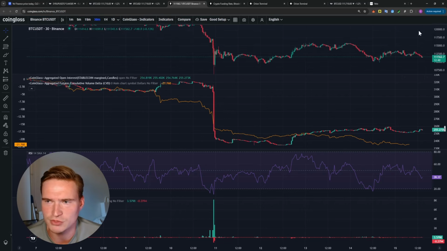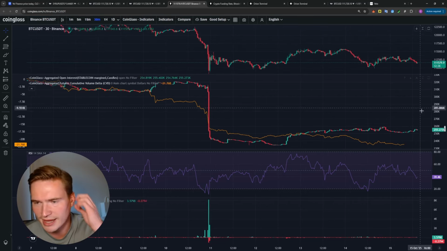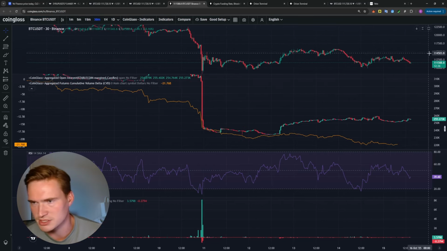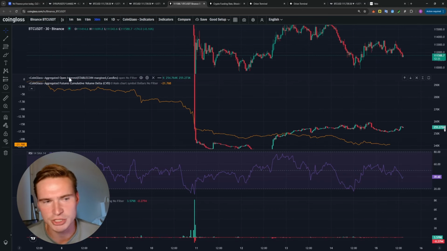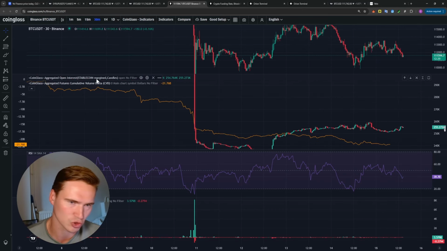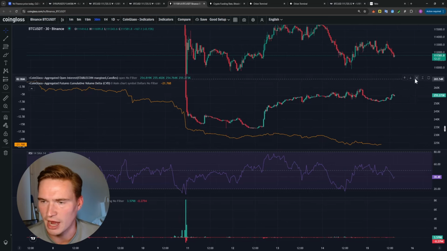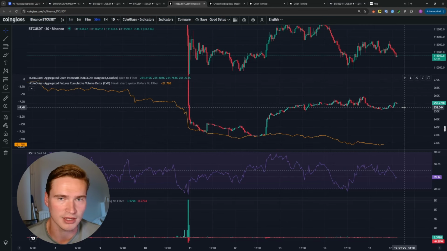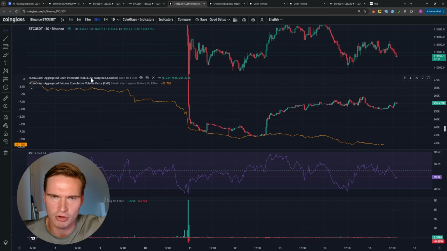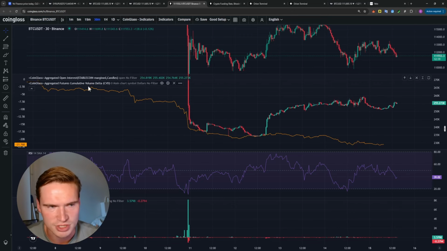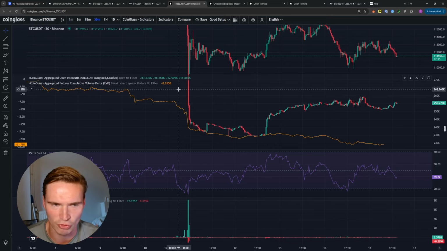But here I keep track of some more data that I cannot get on TradingView. So you can see right here I have the price. Then right here I have the aggregated open interest for stablecoin margined contracts. Basically, how much money is open in perpetual futures. Let's keep it simple, but specifically stablecoin margined perpetual futures, and then aggregated futures cumulative volume delta.